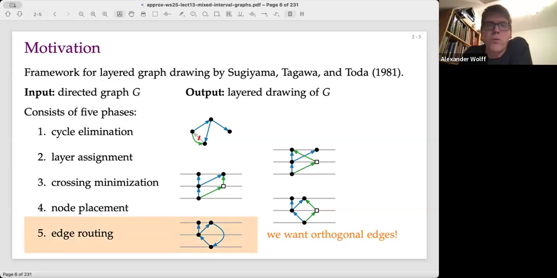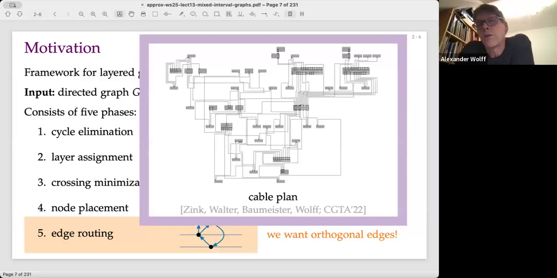in an orthogonal way. And the motivation for this comes from technical drawings. For example, such a cable plane, which is used by a company in the north of Germany who produce tractors and combines and things like that.